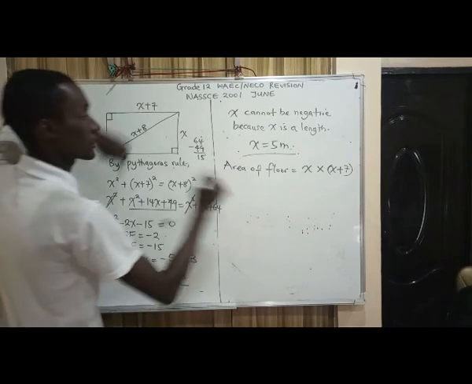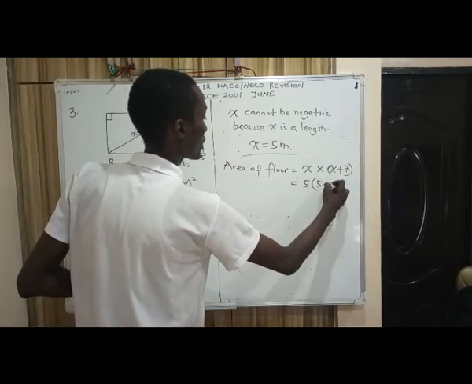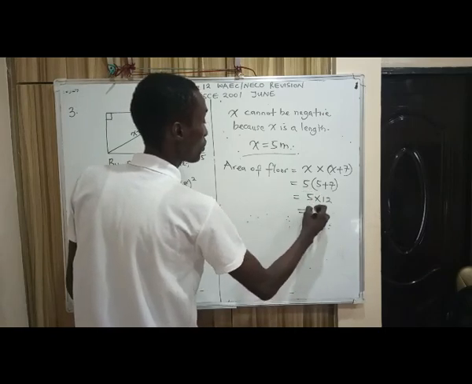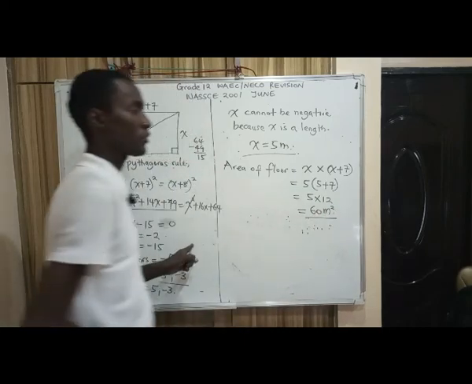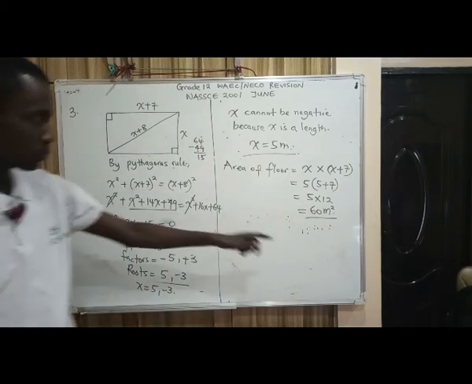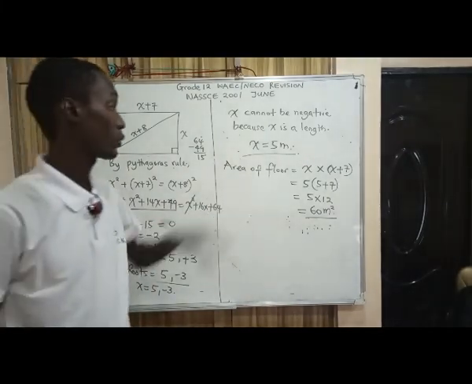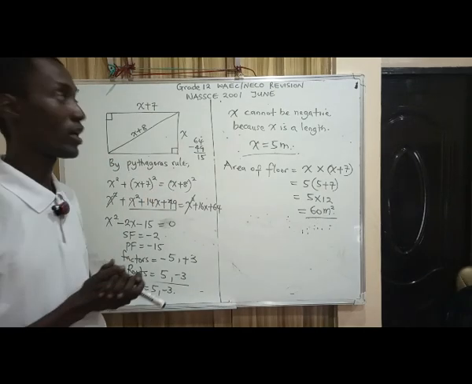So this will give me 5 times (5 plus 7), and that will give me 5 times 12, which is 60 meter squared. Please, for WAEC exams, it's important you pay close attention to the units. Units are crucial for our work when it comes to this exam. So that's question 3 well solved.